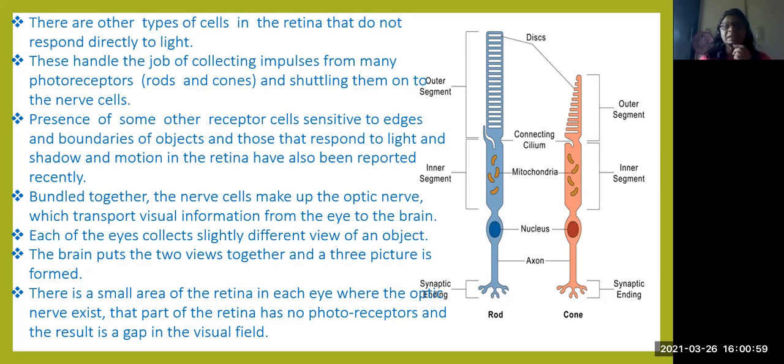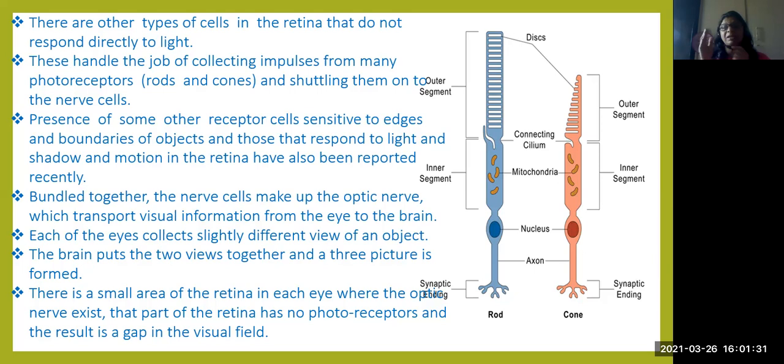Okay, presence of some other receptor cells, those sensitive to edges and boundaries of objects, and those that respond to light and shadow and motion in the retina, have also been reported recently. That means some other pigments, rather than these rods and cones, help in image formation.